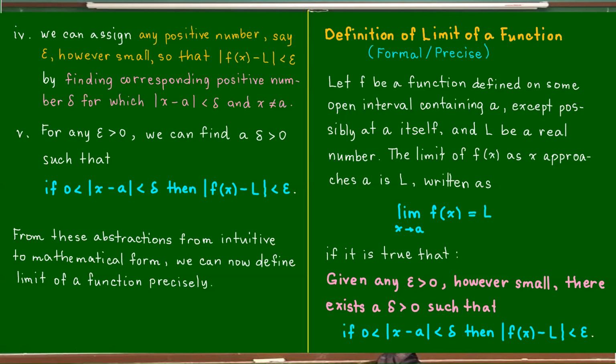Okay. So from these abstractions from intuitive to mathematical form, we can now define the limit of a function precisely. So this is now how we define it. The definition of the limit of a function, the formal or precise definition.